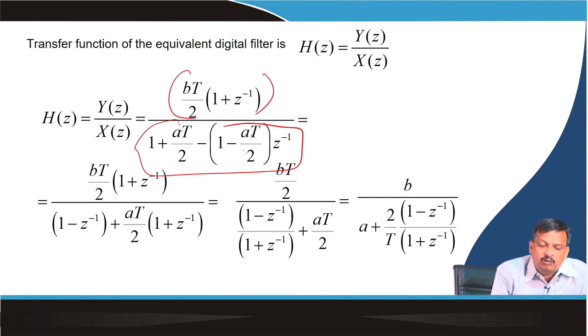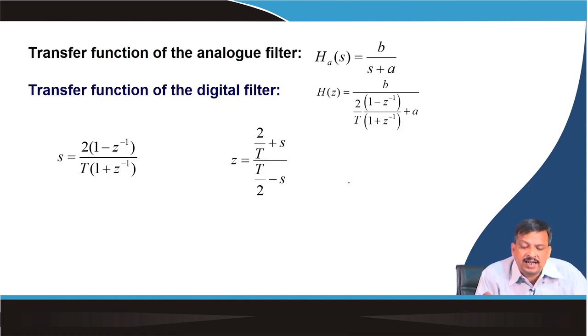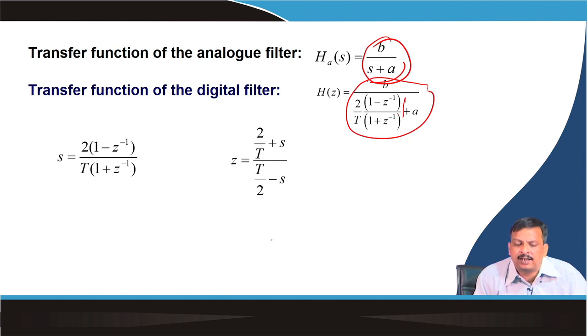So all the z inverse terms will be there, and if I simplify it, it will come in this form: b by a plus 2 into (1 minus z inverse) divided by (1 plus z inverse). So what I have taken as H(s)? H(s) is equal to b by (s plus a). H(z) is equal to b by this plus a. So I can say this is nothing but s.